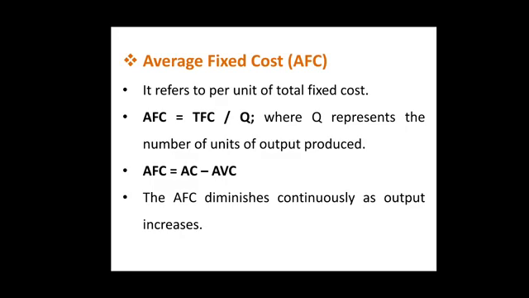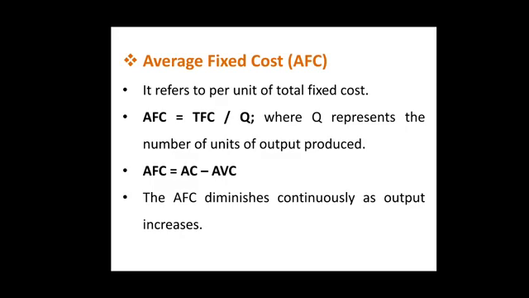The short-run average cost of a firm is divided into two components. One, average fixed cost, and second, average variable cost. Let's first discuss the average fixed cost. Students, average fixed cost refers to per unit of total fixed cost. Or we can say it is the fixed cost per unit of output.